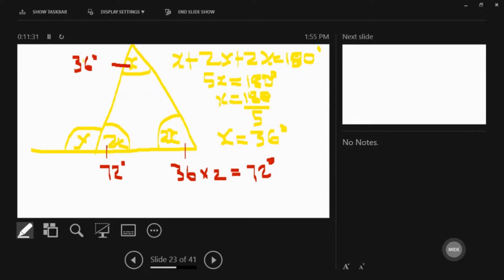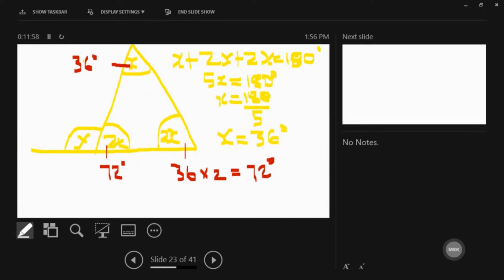Who wants to tell me one of the ways? Who wants to tell me any of the ways we can find it? I knew it. Zion come with a long speech there. I knew he was there typing away. All right, so Zion says, to find x, we add the 2x, that's 4x.